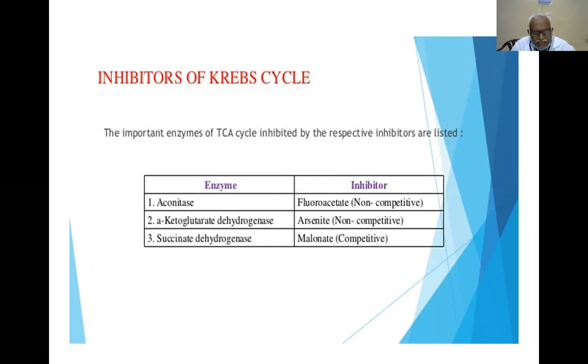So if we drink large amounts of fluorine contaminated water, what will happen? The aconitase enzyme will be inhibited. It's a non-competitive inhibition. We cannot get any ATP. So the people will be eating large amounts of food, going for work, but they cannot do any work. They sit under the tree and take rest.